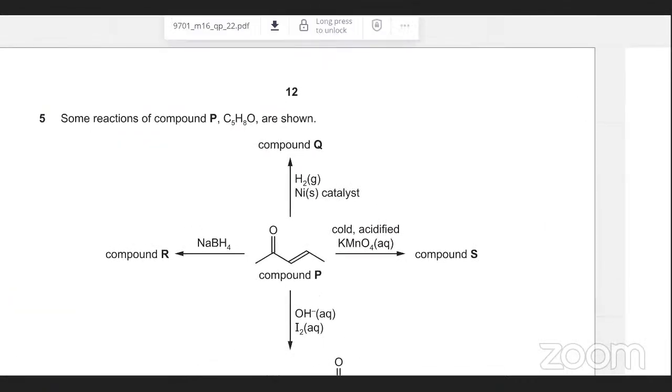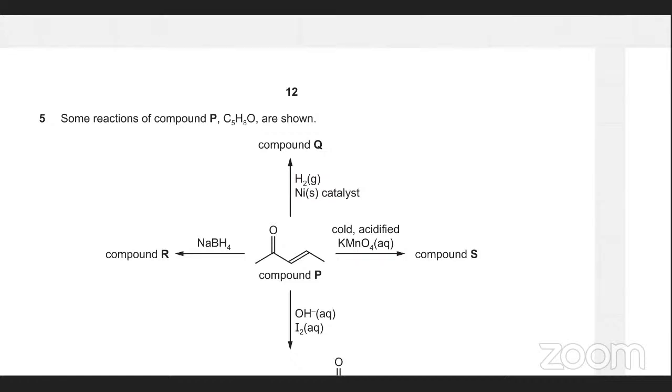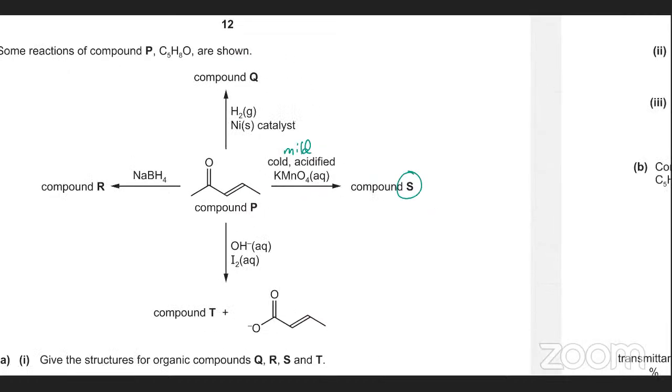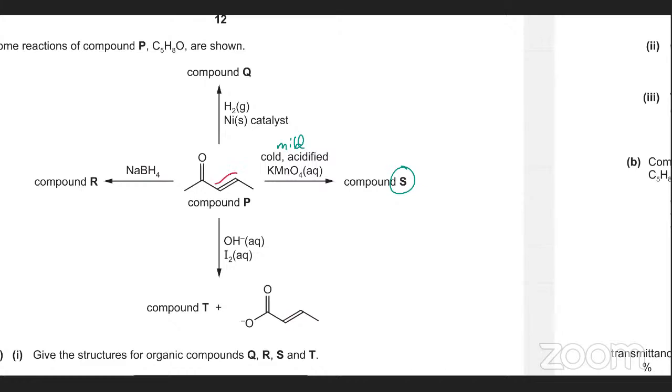The first thing is, let's start with S first. KMnO4. Okay, remember it's mild oxidation. What happens in mild oxidation? You've got an alkene. How many carbon atoms are there? 1, 2, 3, 4, and 5. So I'm just going to draw 5 carbon atoms first.